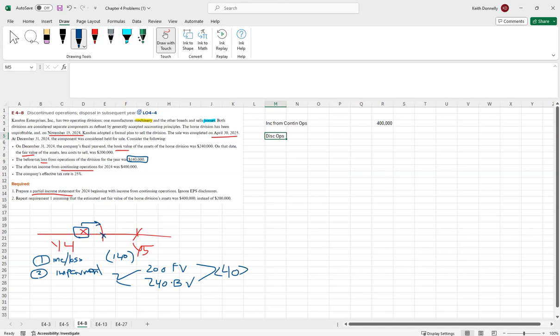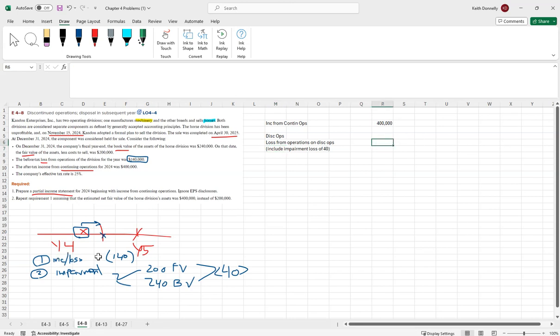We will combine it. So we'll have a loss from operations on the discontinued ops, and I'm just going to put parentheses here, include an impairment loss of 40. But if we were to quantify the 2 of them.